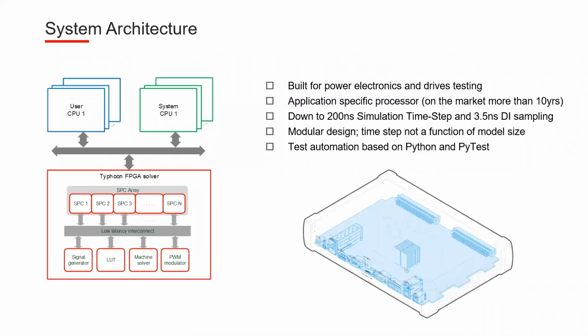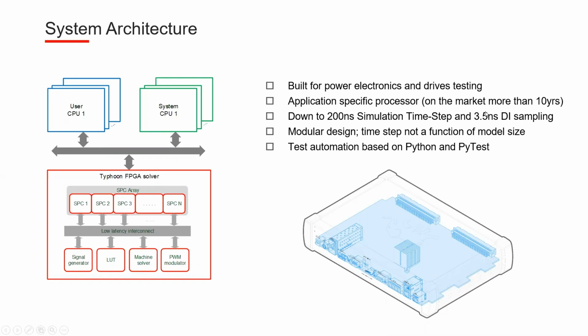So yeah, I'll quickly just go through the system architecture. As we've said, we can view the HIL404 as 2 separate real-time simulators. One is FPGA based and the other one is CPU based. The FPGA one is actually built for power electronic systems and for drives, and it's really application specific.